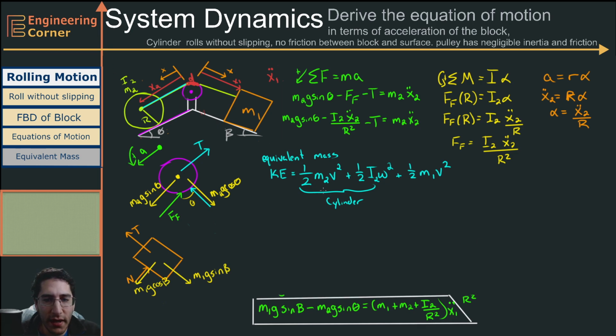So now that I have this, I know it still rolls without slipping, and I have a relationship between omega and my velocity. So my velocity is going to be equal to omega r. So I need to get it in terms of velocity. So I'm going to have omega is equal to v over r.